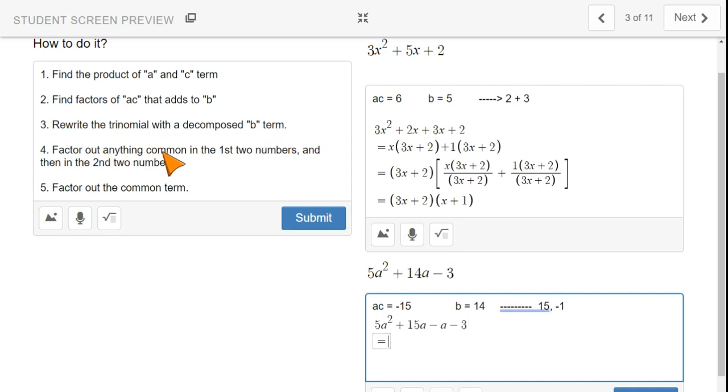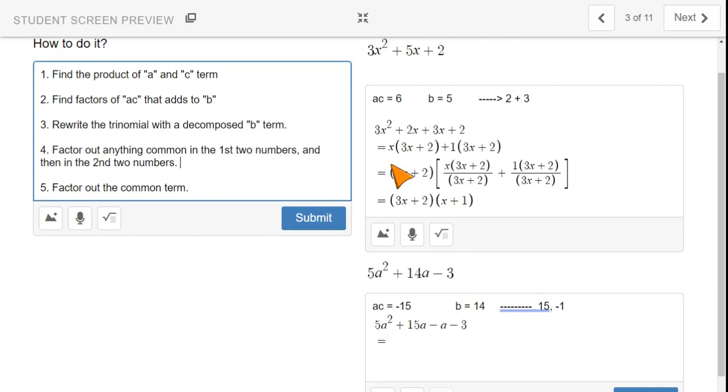Let's factor out anything that's common in the first two terms and in the second two terms. Now, one thing I'm going to add here is that your first number in the bracket must always be positive.